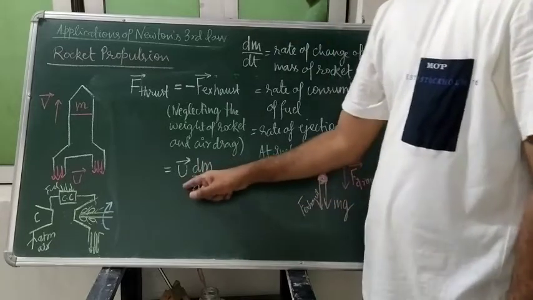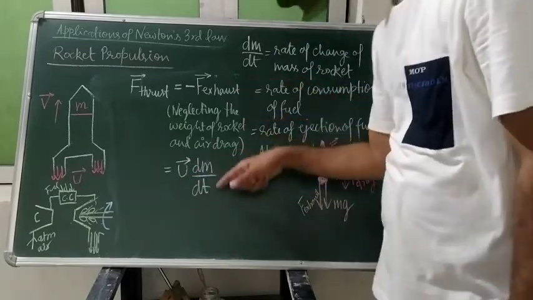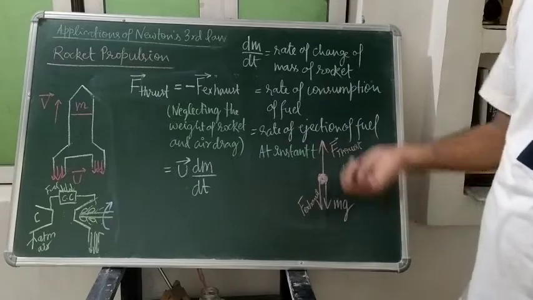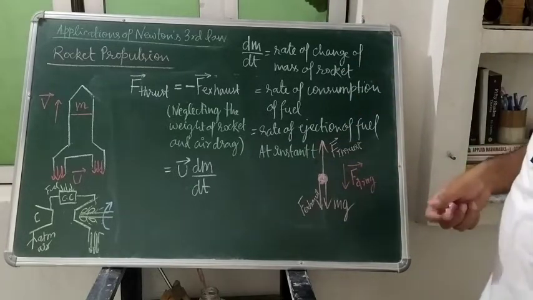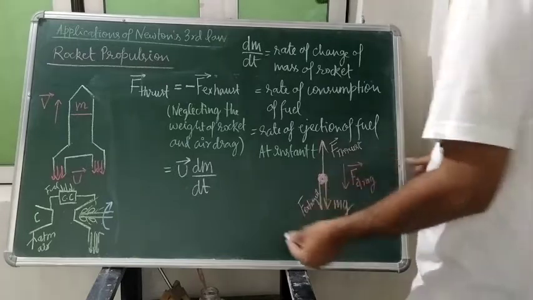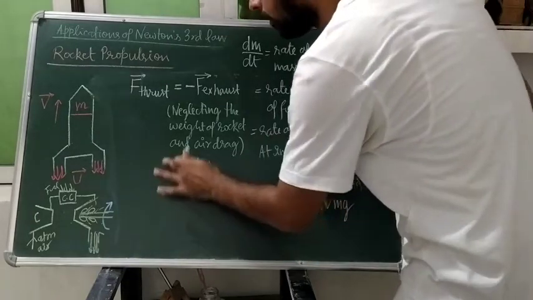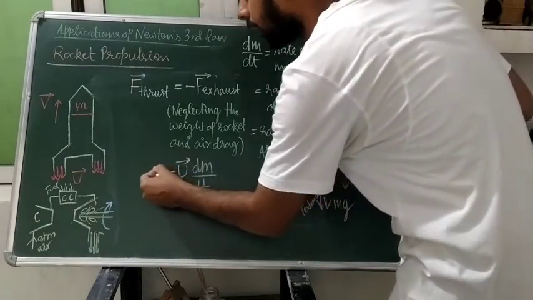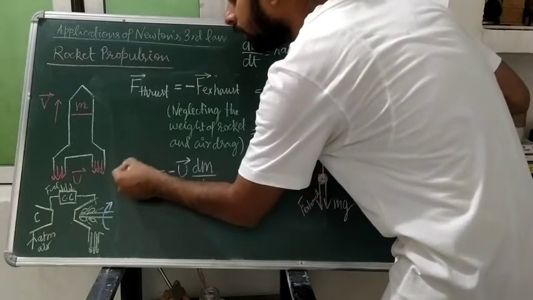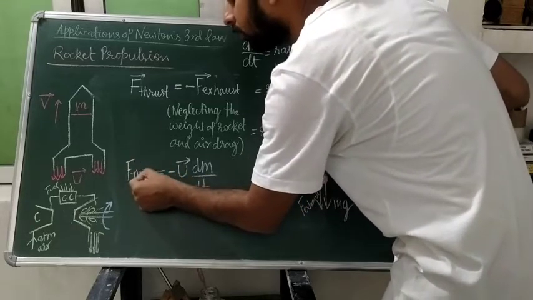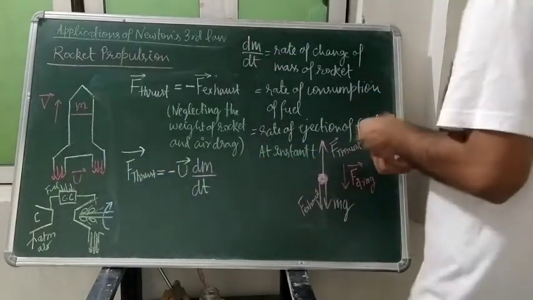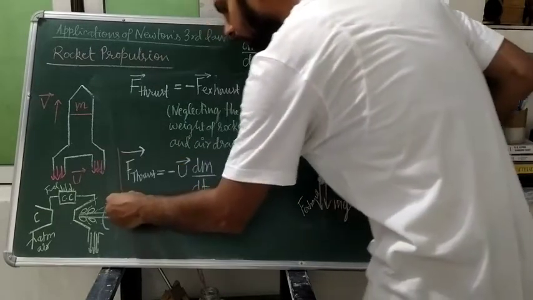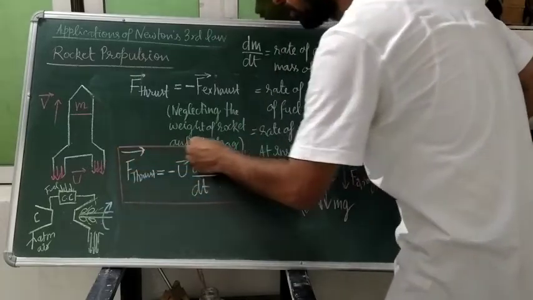So F exhaust is the rate of change of momentum, and a negative sign will also come here, students, and this will be equal to our F thrust.